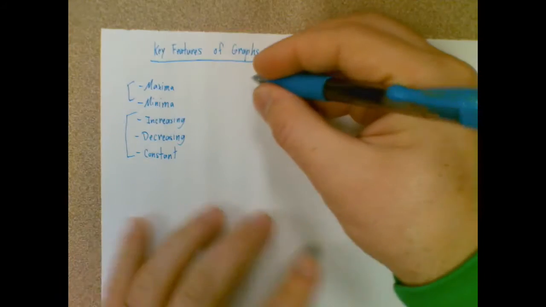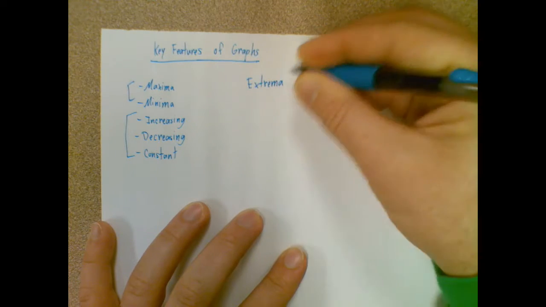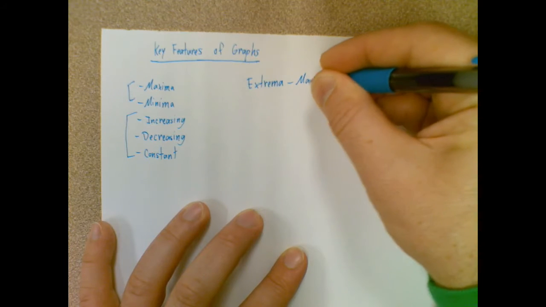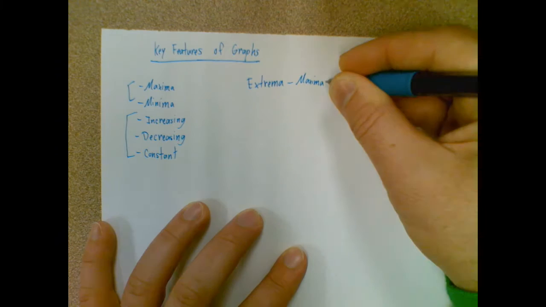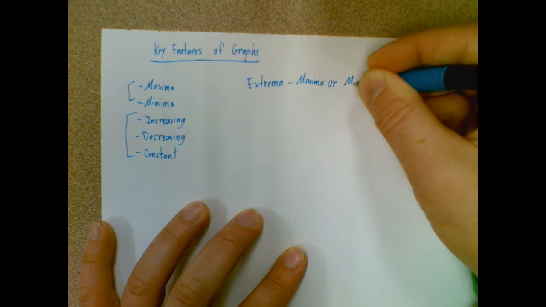All right. So maxima and minima together, by the way, are known as extrema. That's the umbrella term for anytime you have a maxima or minima.